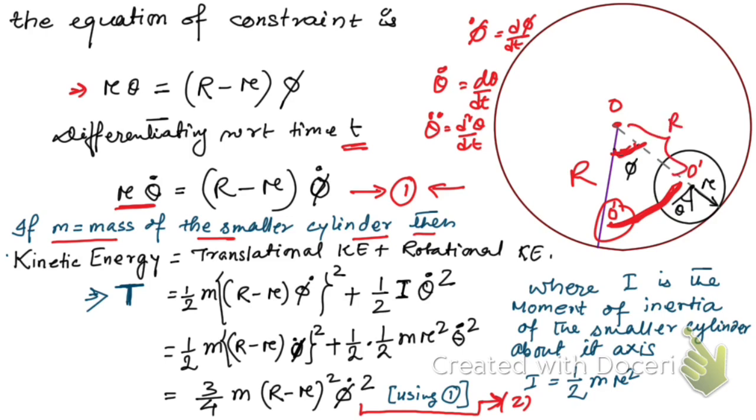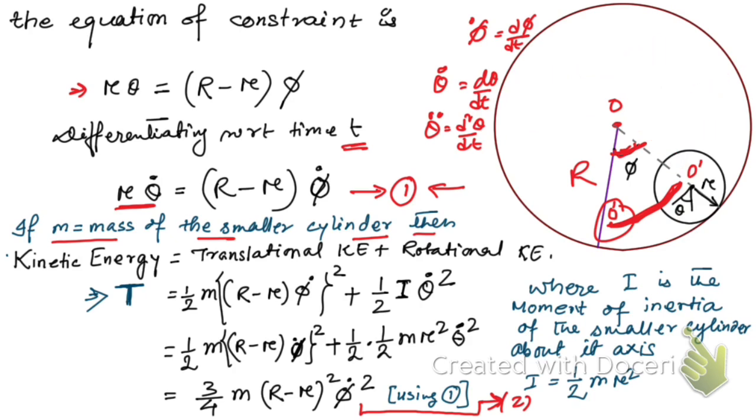This length is capital R minus small r, so its angular velocity omega is equal to phi dot, and the linear velocity is v equals capital R minus small r, into phi dot. So phi dot is omega, and we know the relation v is equal to r omega. Instead of r we have capital R minus small r in this case. So I hope you know these things.